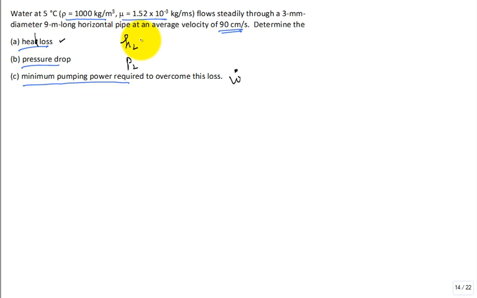So what is my equation if I unravel the friction factor? The equation is, this is the friction factor, length over diameter, and then I have not a velocity pressure, but a velocity head, which is V squared divided by 2g.